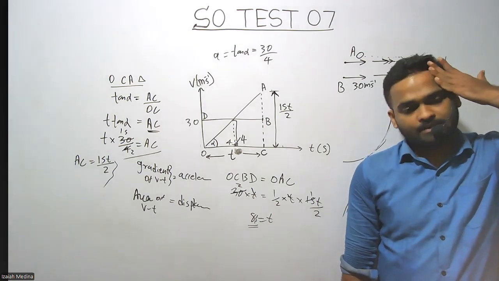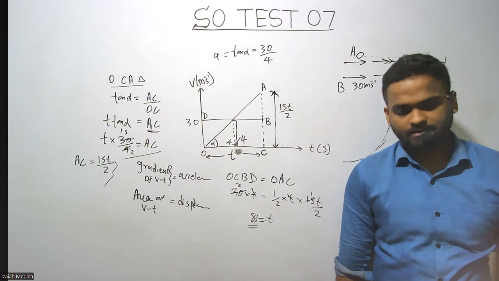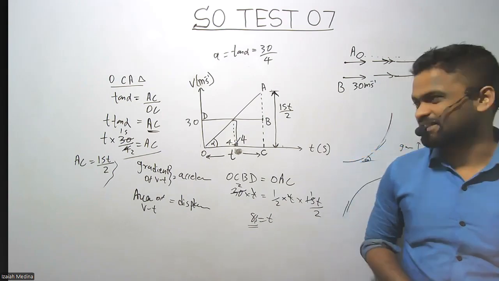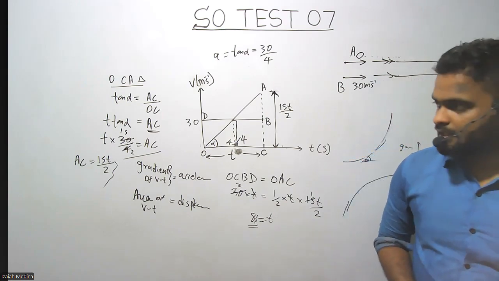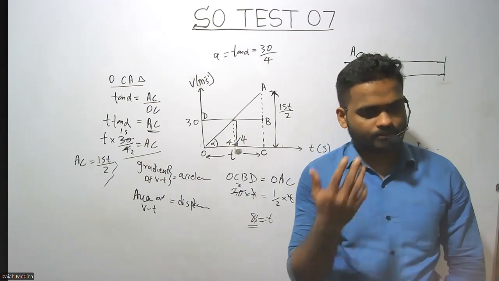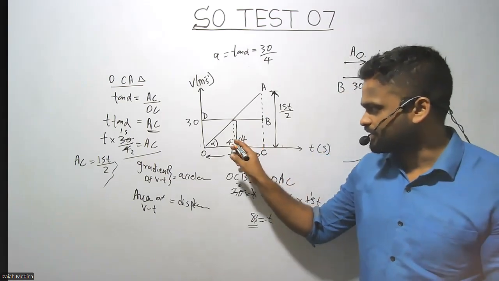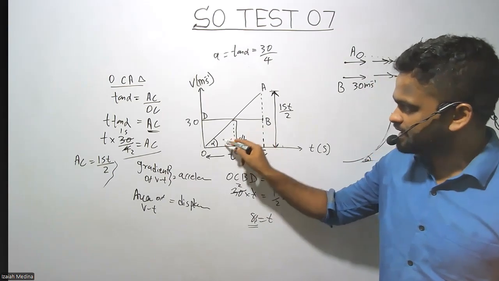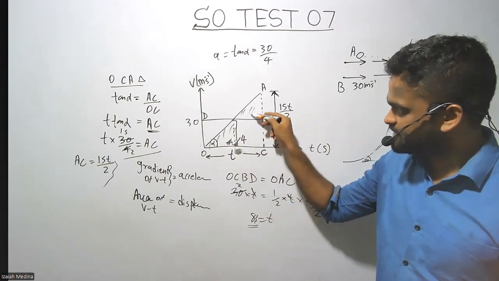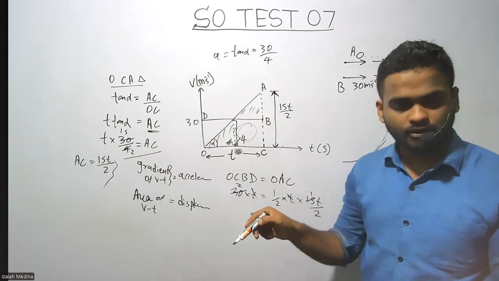So this is an MCQ, it doesn't take this much time. If you are very familiar with graphs, it only takes like 10 seconds to find this. Because 4 is here, as you can see, this area and this area should be the same. This is a common area for both graphs.